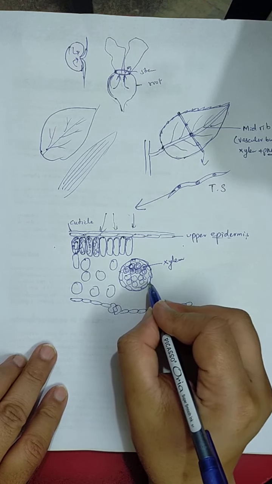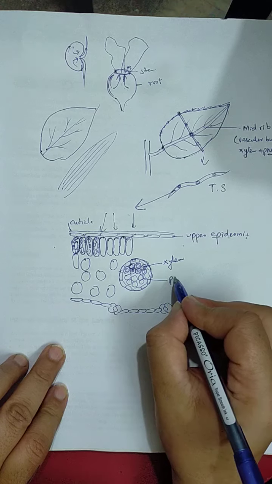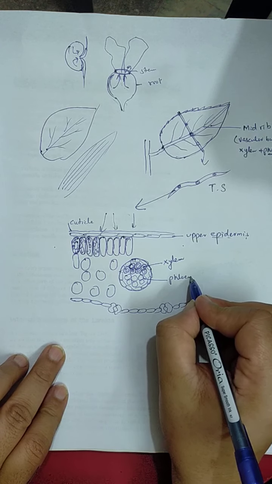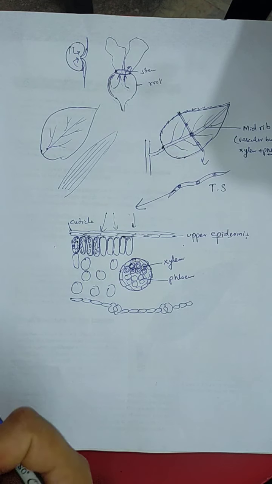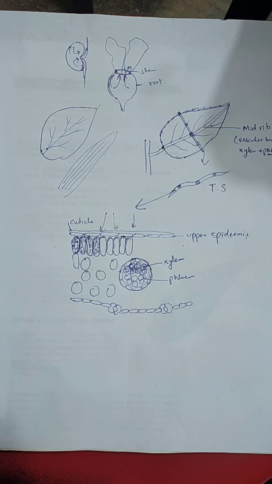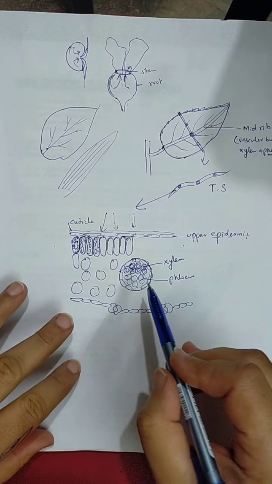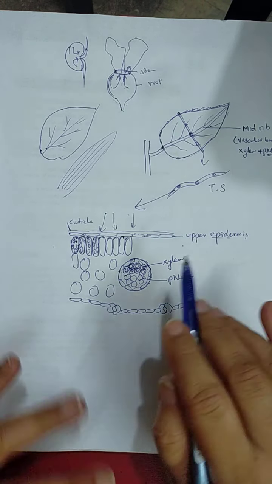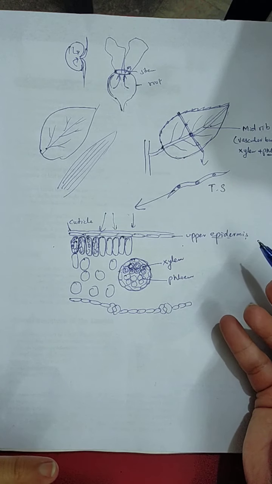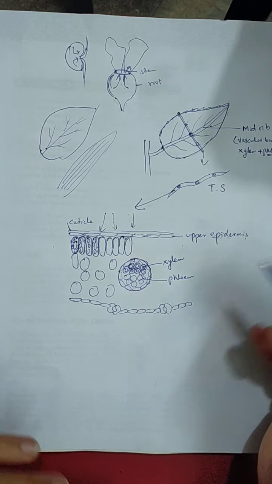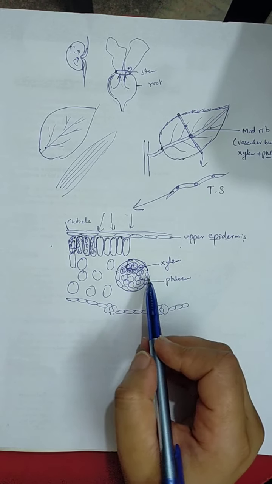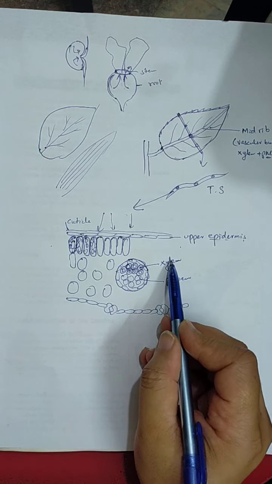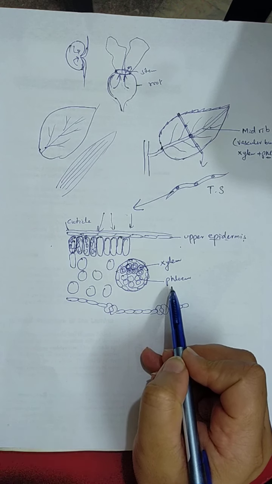You have to remember their position because it is very important from an objective point of view in the Cambridge exam, because many questions can be asked related to this structure. The arrangement of xylem and phloem is different in the stem and different in the root. So remember, in the leaf xylem will always be on the upper side, phloem on the lower side.